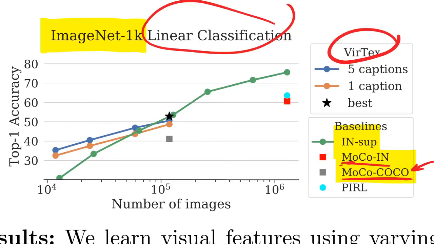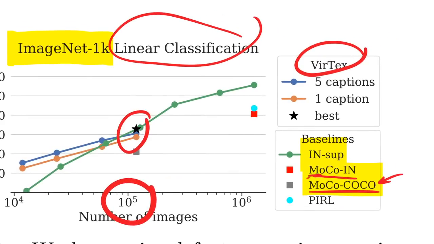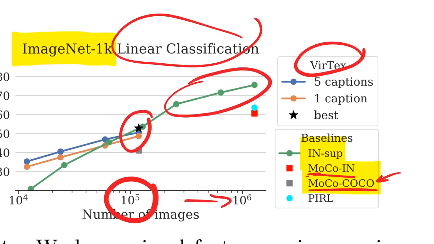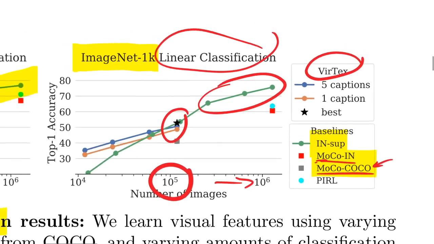And you can see if you give it the same amount of images for pre-training, it's fairly close to the ImageNet baseline. So that's pretty respectable right there. Now, again, of course, if you use more images on the same data set that you then train for, the ImageNet baseline is going to outperform it.